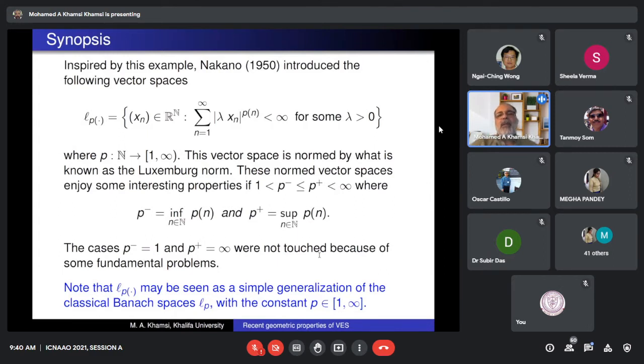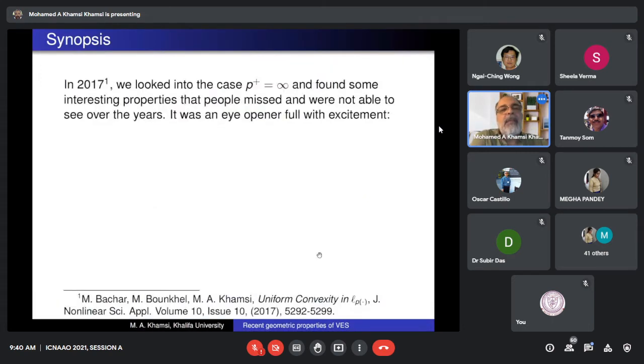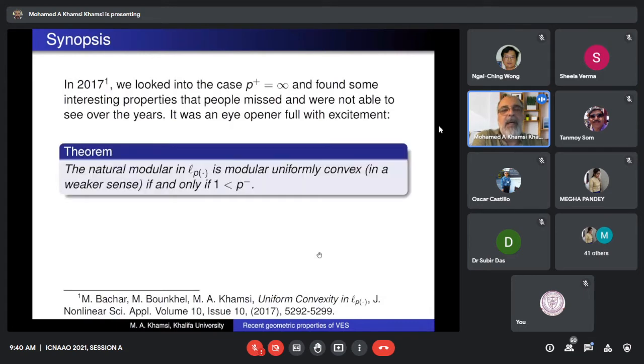So the question becomes, which is really a big dilemma: do we really focus and give it some deep investigation, because it's just a simple generalization? So the question becomes when, oh, I'm sorry, I will come back to that.